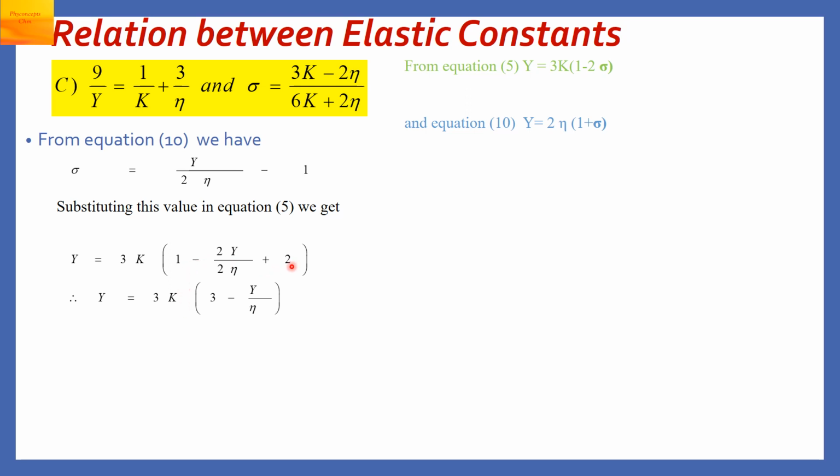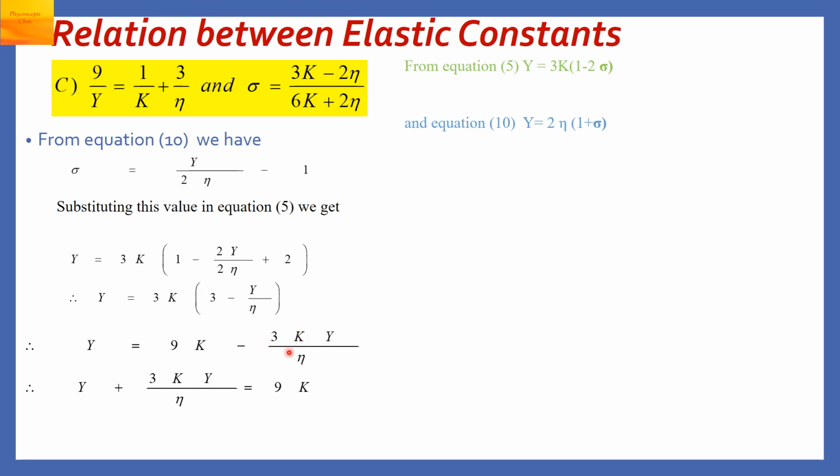Here 2 plus 1 will become 3 and this 2 will get cancelled out. So you get Y is equal to 3K into (3 minus Y upon 2 eta). Opening these brackets, so this will be 3K into 3 will become 9K and this is 3K into Y upon 2 eta.